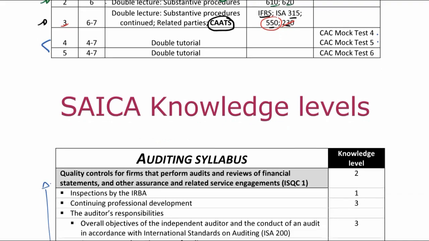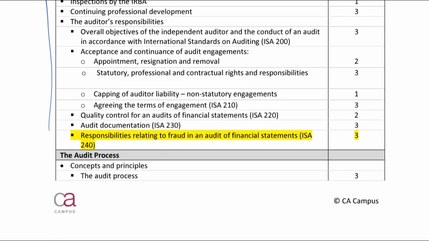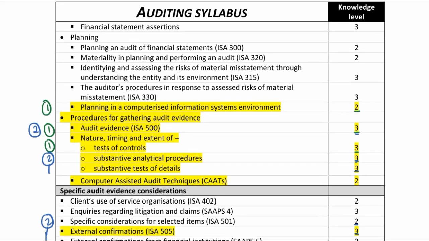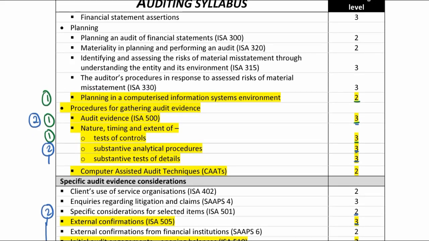Alright, so if we come down to see when we are addressing the work and what the knowledge levels are. So again, we are going to continue with our substantive procedures. So you'll see here, guys, we've said here this is a week 2, but it's also a week 3. We've got to have a level 3 for our substantive procedures, both analytical and test of detail.